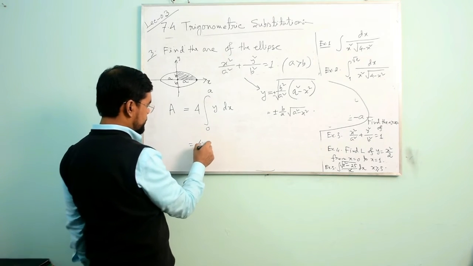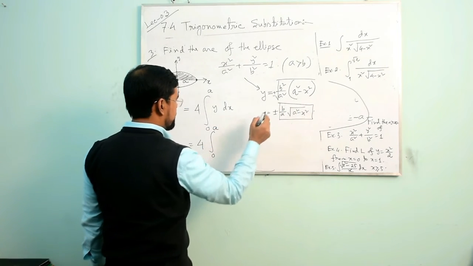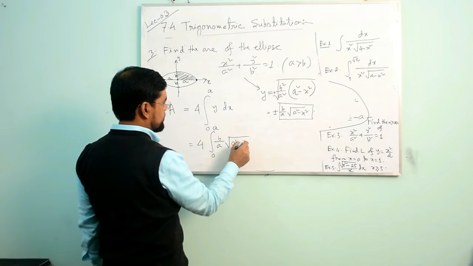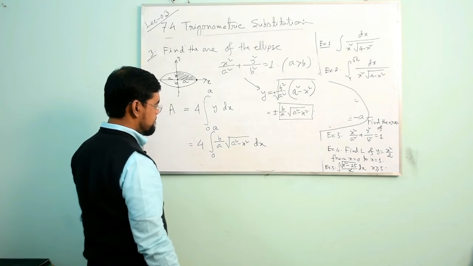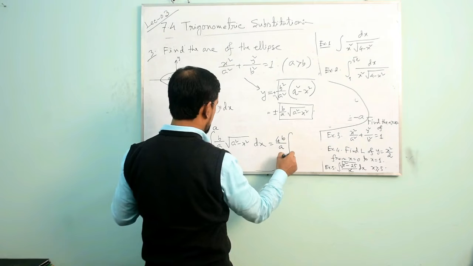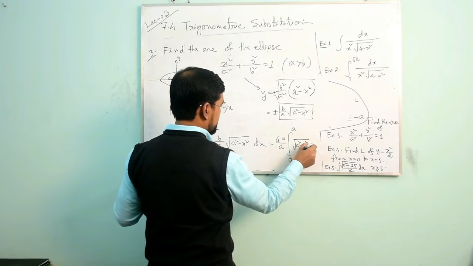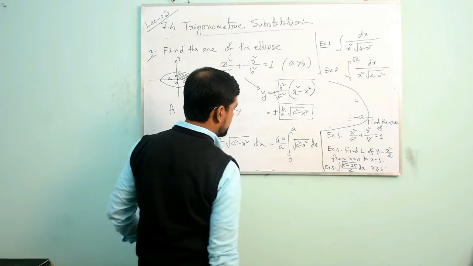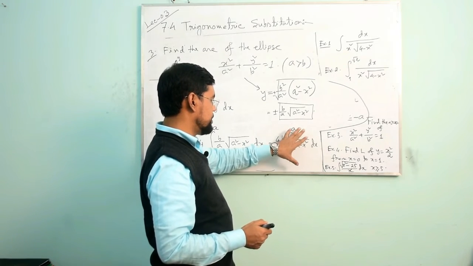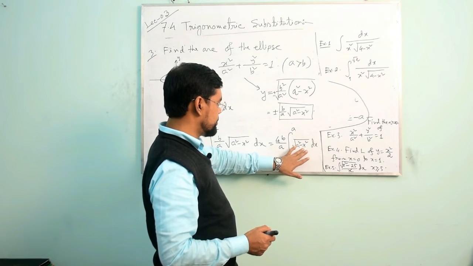So this equal 4 integral 0 to a, y equal to this, b by a root a square minus x square dx, which is equal 4b by a integral 0 to a root a square minus x square dx. Now you can evaluate this integral like before what we did, and here your x should be a sin theta.